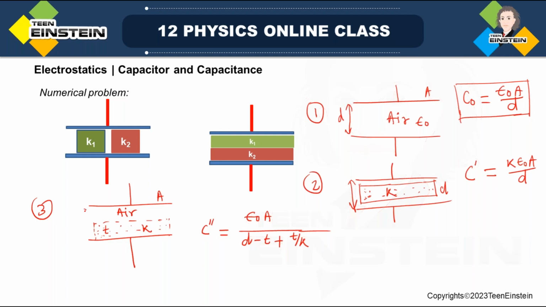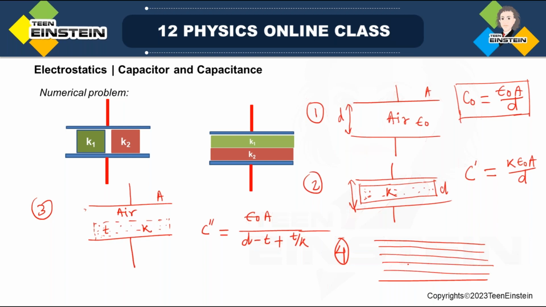Now for the fourth case, suppose the space between the plates is filled with n number of dielectric slabs, each having thickness T1, T2, like that it goes up to Tn, and the dielectric constants of the slabs are K1, K2, like that it goes up to Kn.